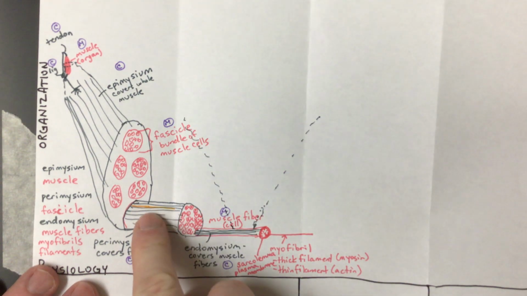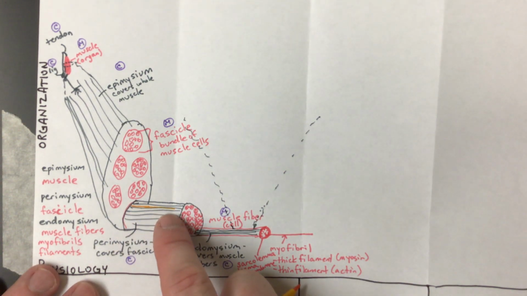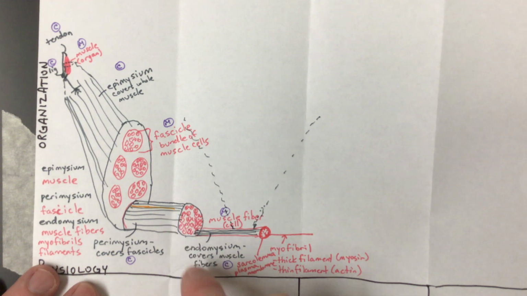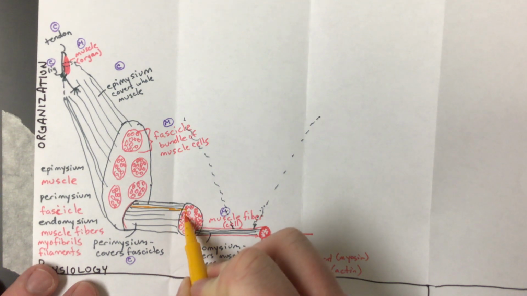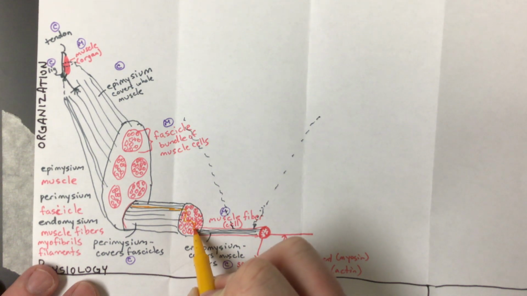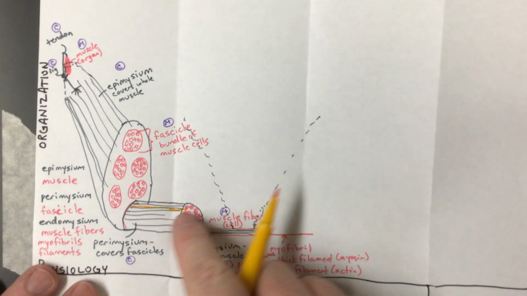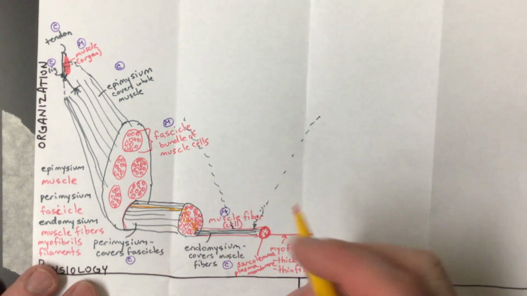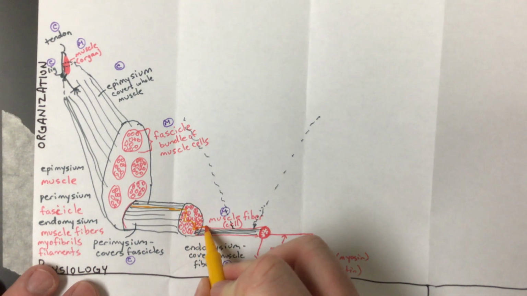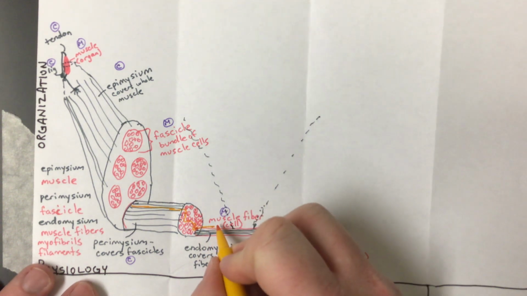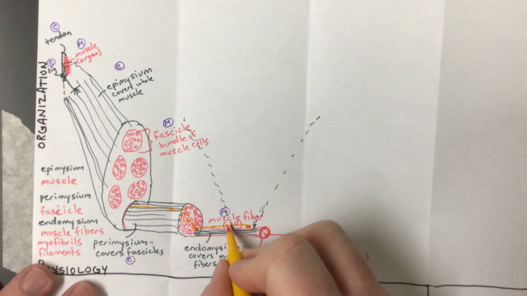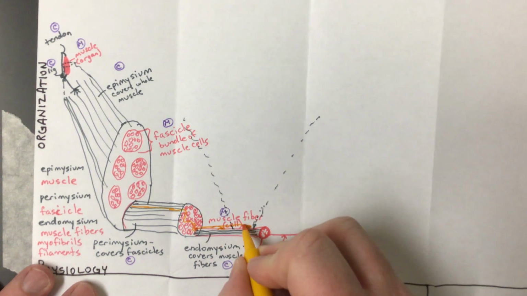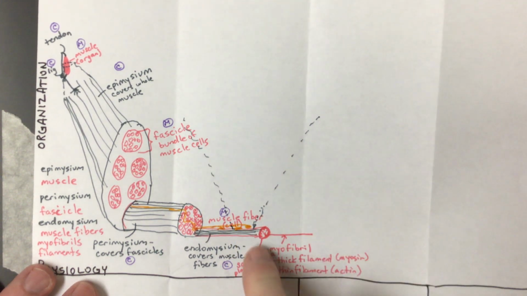Now keep in mind, this nerve would come from the spinal cord and weave its way all along into the muscle. And it would go in between these structures right here and navigate in the connective tissue, and then make its way down onto a muscle fiber and put little things called axon terminal buttons onto the muscle.